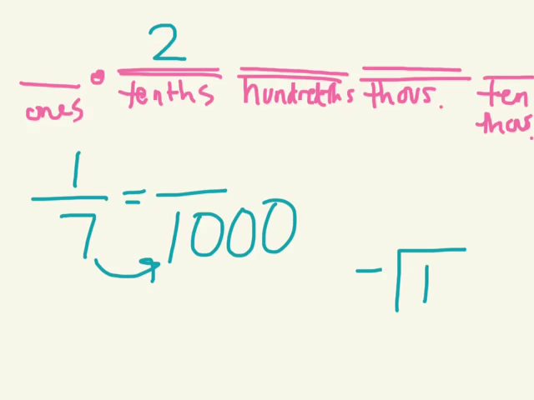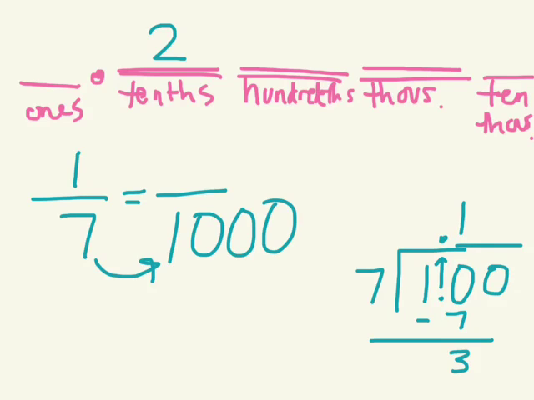1 divided by 7. Place my decimal. Decimal goes straight up. So 7 goes into 10 one time. And I have 3 as my remainder. I'm going to extend my line, bring another 0. I'm still putting 7 into 1, but I just am adding zeros after my decimal.